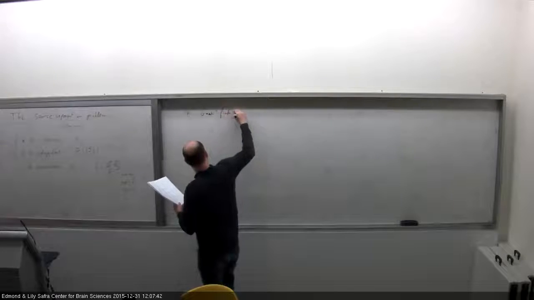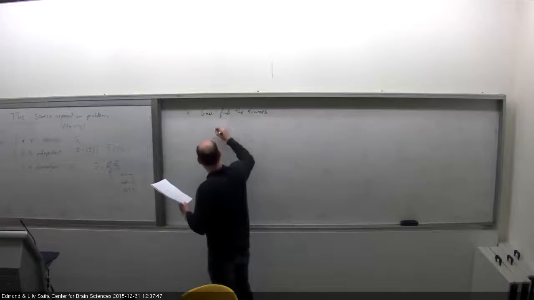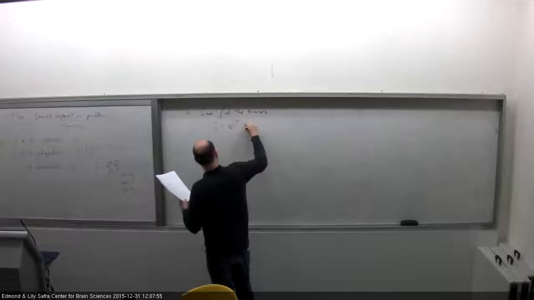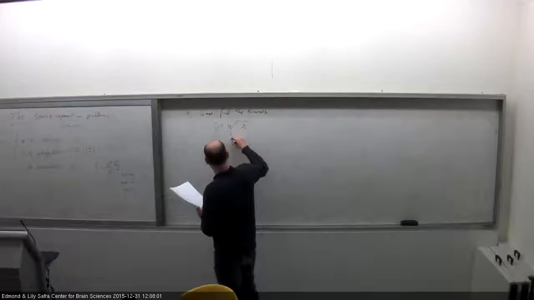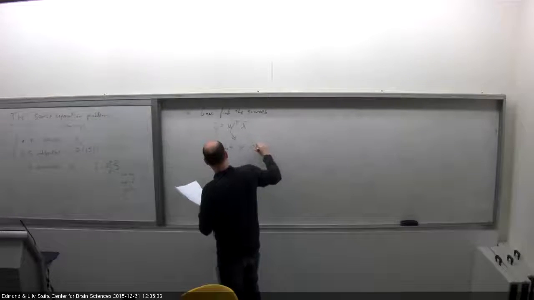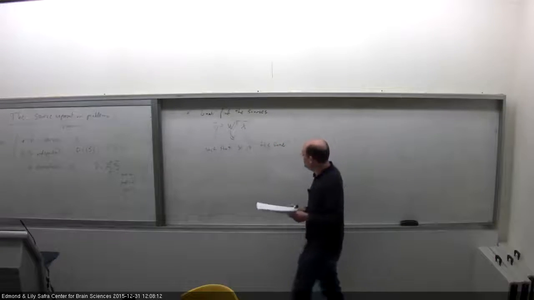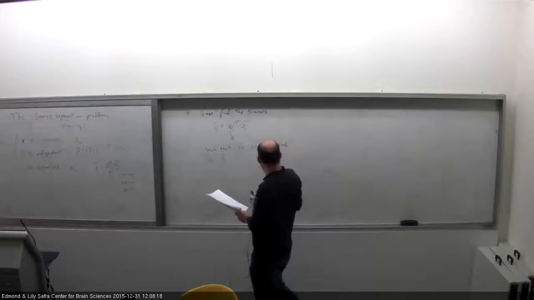Our goal is to find the sources, so we would like to find some y which is equal to some matrix W times X such that y is, I will write here in quotes for a reason that we'll explain in a moment, the same as S. But now what do I mean by the same?